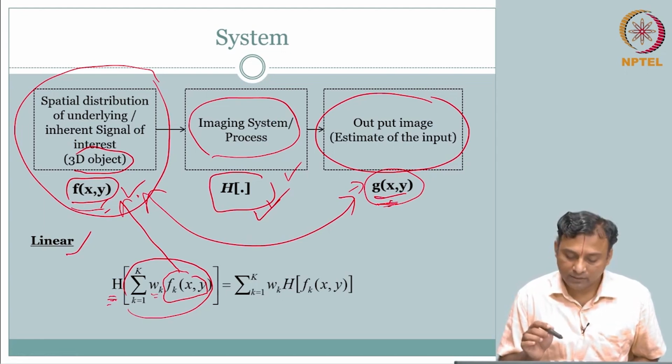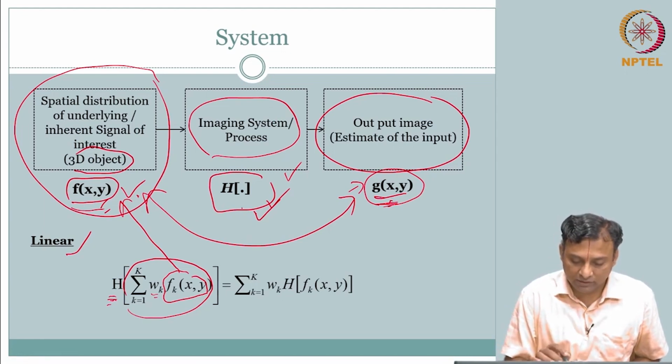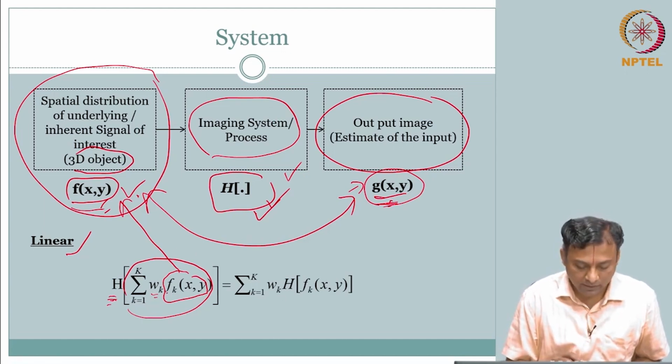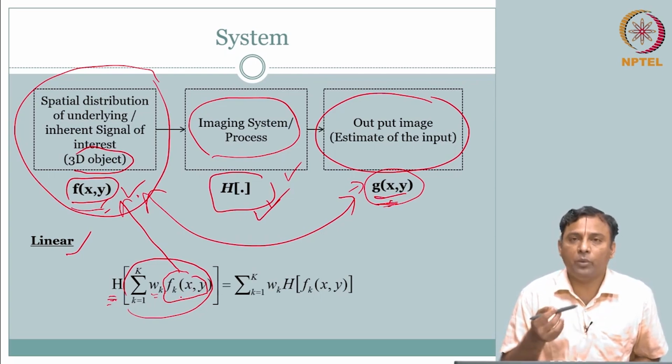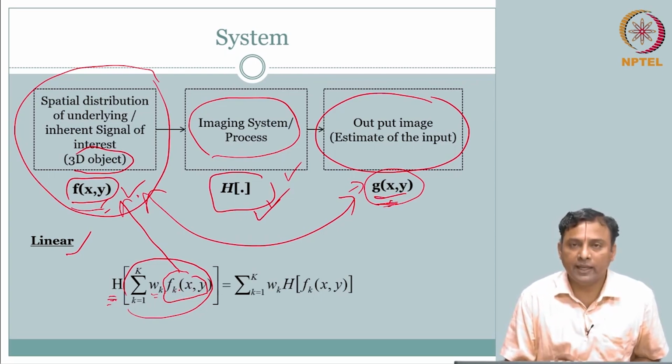What happens if I give to this system this signal, this input? What is this input? This means fk of x comma y. f of x comma y I know. What is this fk of x comma y? f1 of x comma y, f2 of x comma y. So, these are different input functions.